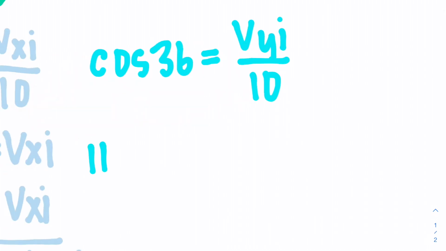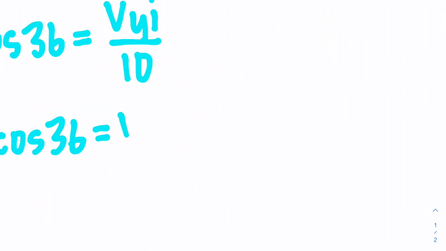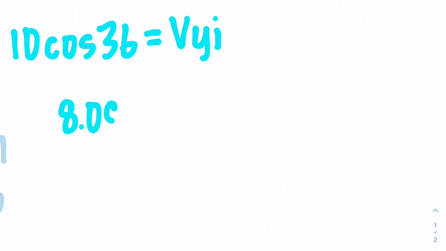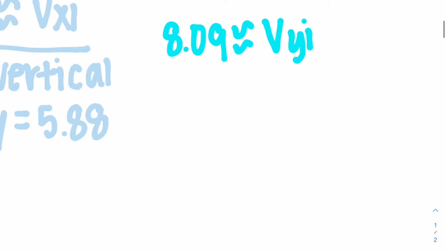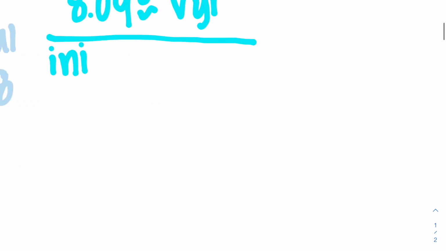And we can use cosine to find the initial horizontal velocity. So the answer is 8.09.